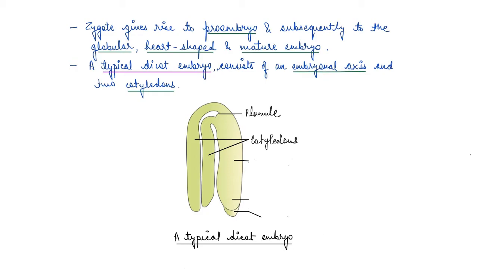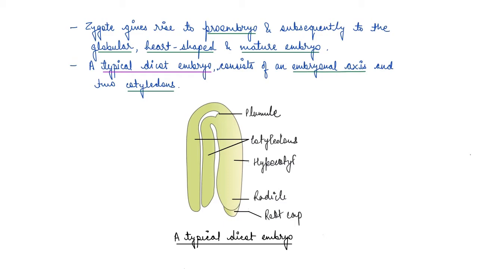And the part below the cotyledon, this cylindrical part, is hypocotyl, and the part above is known as epicotyl. Okay, so this forms the radicle from which the root forms, and the root tip is always covered with root cap. Okay, so this is the diagram of a typical dicot embryo.